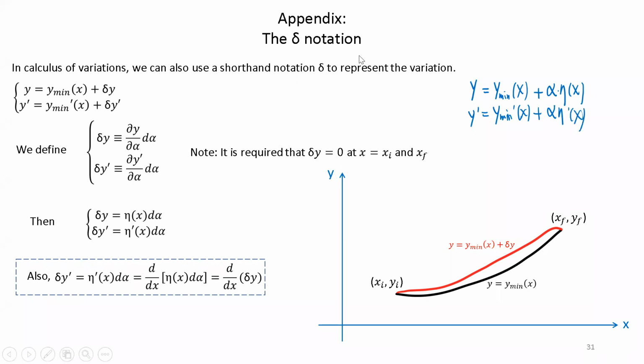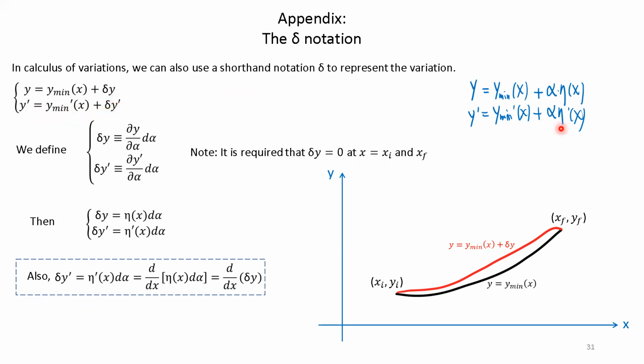So here, instead of writing this alpha times eta x, I'm just writing the whole thing as the so-called delta y. Not dy, but this delta y. And then y prime is written as y mean prime plus delta y prime.